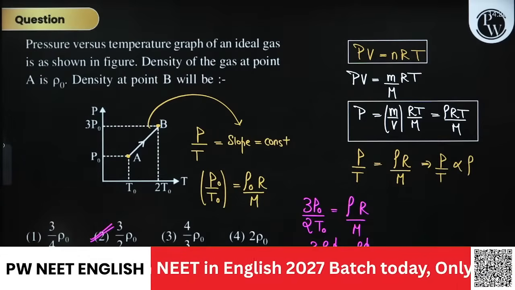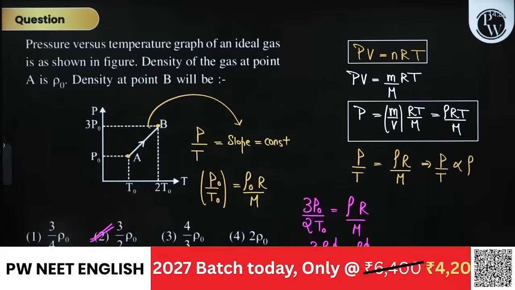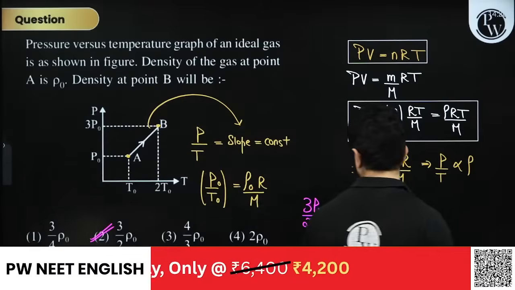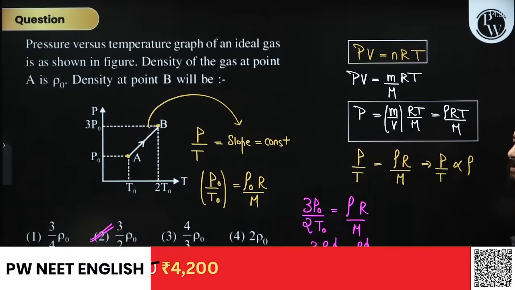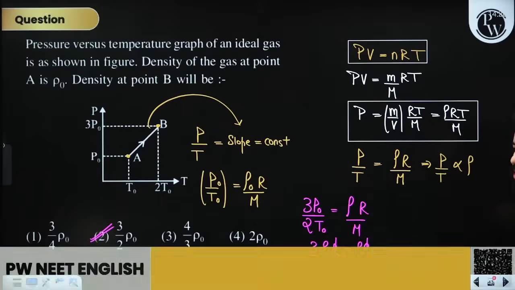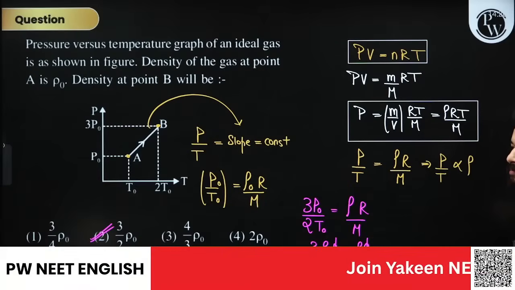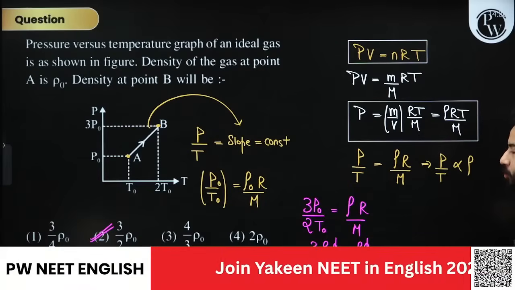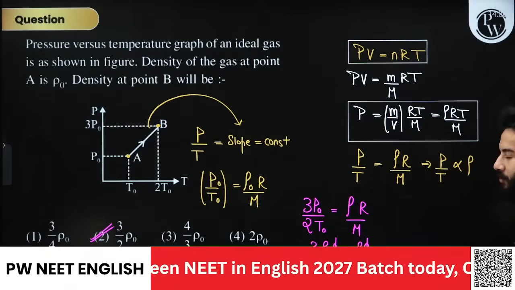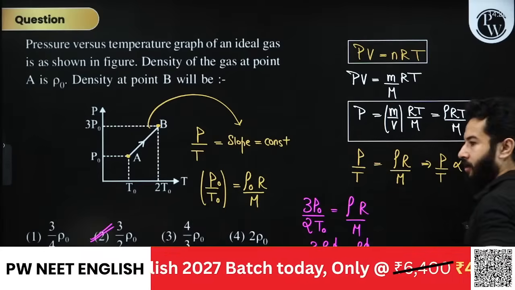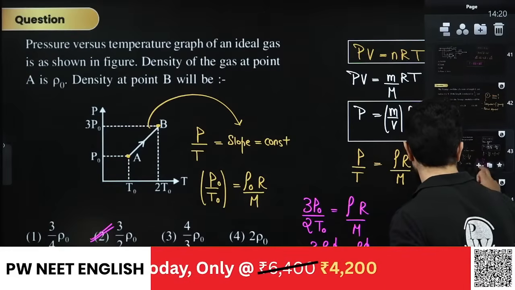Done, friends? Any more doubt in this problem? 3 by 2 is absolutely correct. Most of you were saying 4 by 3 or some of you were saying 3 by 4. All right. Moving on to the next question.